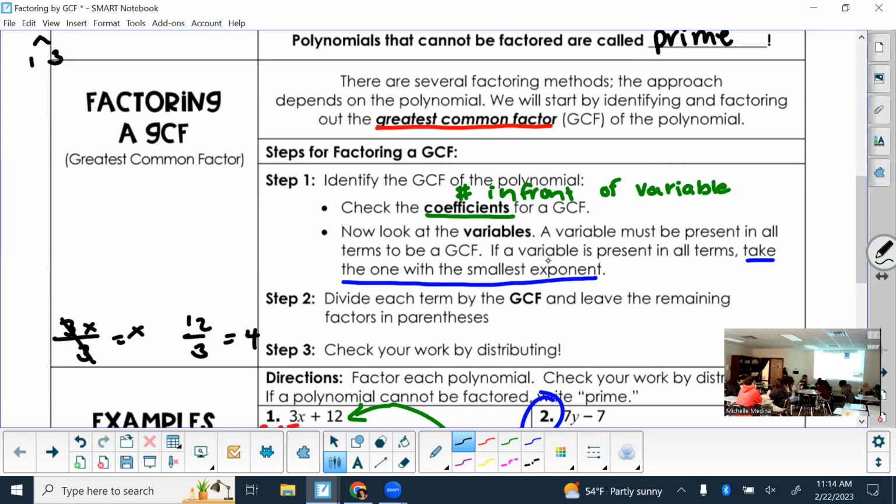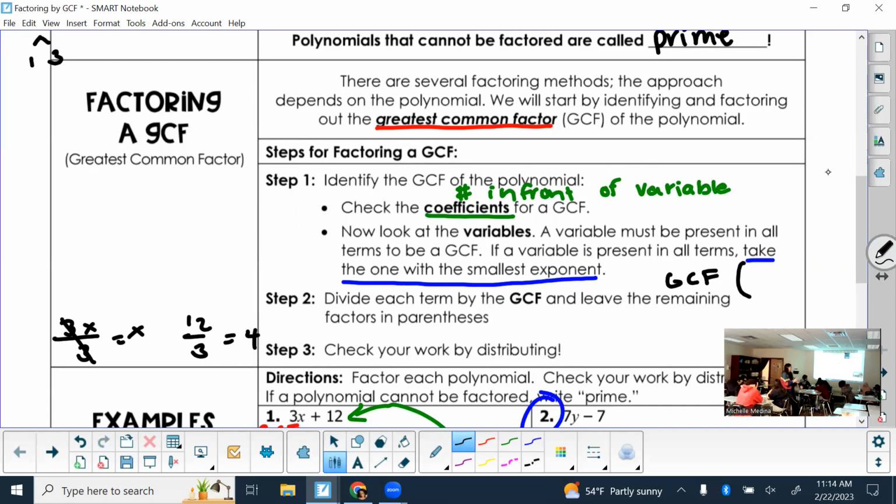You put your GCF outside parentheses. Inside is what you get from dividing each term by the GCF. I know it's a lot, but we'll do examples. You should always be able to check your work by distributing. If I distribute the answer, then I should get the original problem.